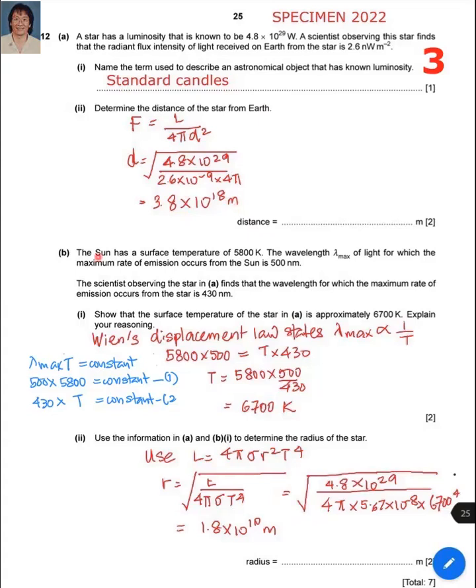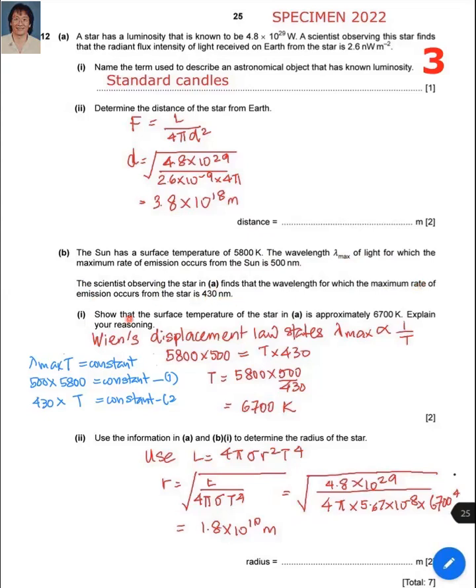Then in part B, the sun has a surface temperature of 5,800 Kelvin. The maximum wavelength of light for which the maximum rate of emission occurs from the sun is 500 nanometers. The scientist observing the star in A finds that the wavelength for which the maximum rate of emission occurs from the star is 430 nanometers.